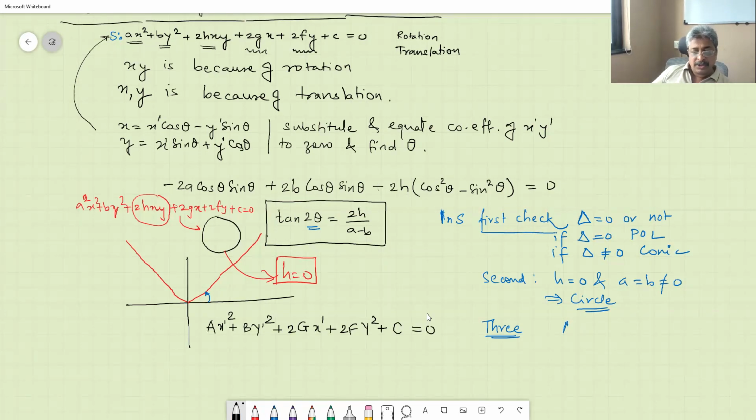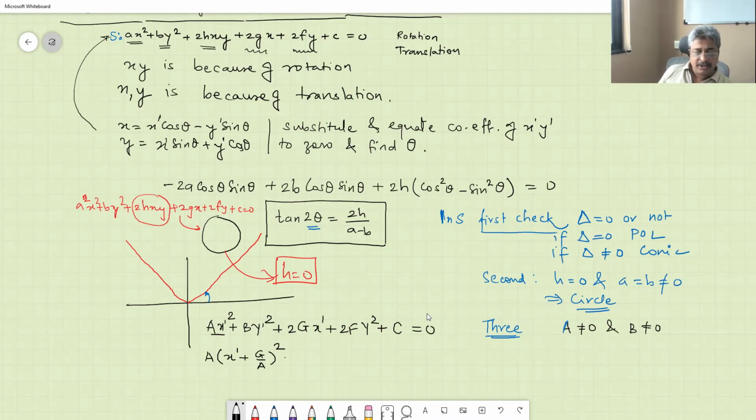This is our new expression after rotation. Suppose A is not equal to 0 and B is not equal to 0, this is the easy case. In that case, if both of them are not equal to 0, I can always complete my square. We can take A common out, x dash is there, so plus G by A bracket square. So I have achieved A x dash square, I have achieved 2G x dash, right?